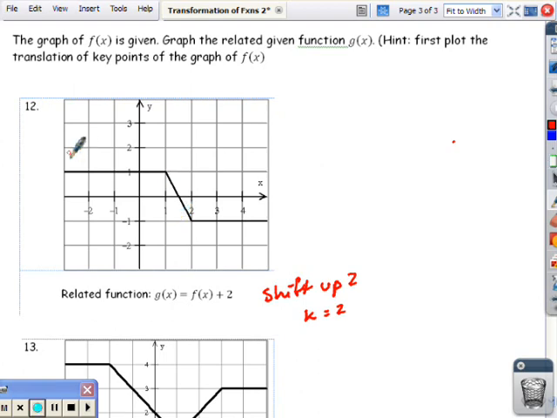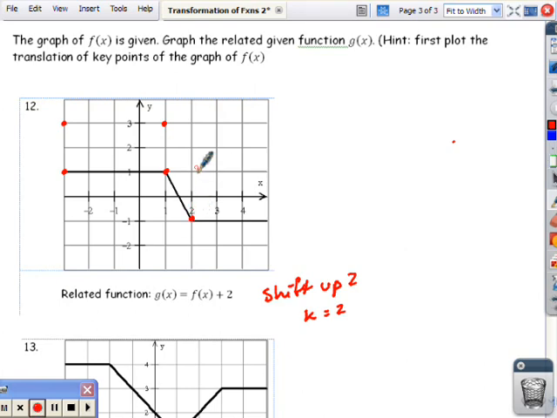Well, the important points are the starting points and then the break points. So this point here is important. Shift up 2. This one, shift up 2. Now the points in between are important, but if I know it's a straight line, and I get the starting and ending points of that straight line, then I can graph the rest of it. It's another important point.